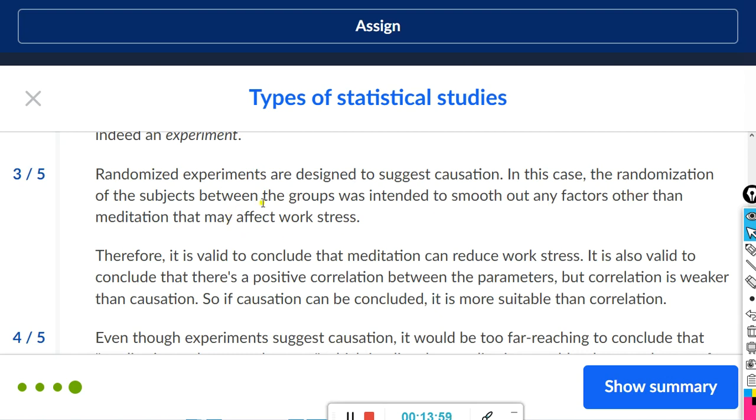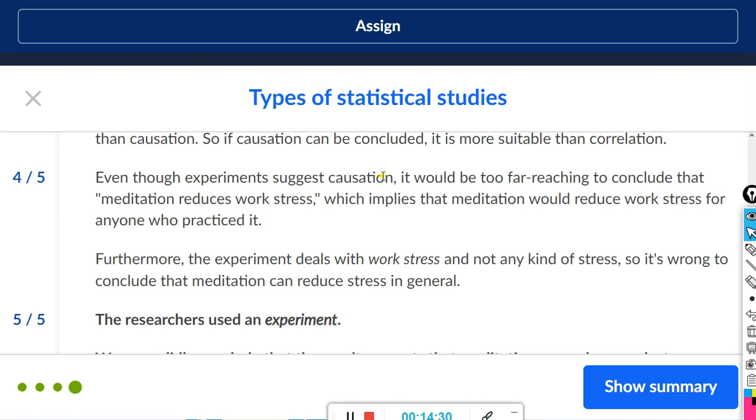The randomization of the subjects between the groups was intended to smooth out any factors other than meditation that may affect work stress. Therefore, it's valid to conclude meditation can reduce work stress. It's also valid to conclude a positive correlation, but correlation is weaker than causation. Remember, I said for an experiment, it's supposed to be cause and effect. So if causation can be concluded, it is more suitable than correlation.